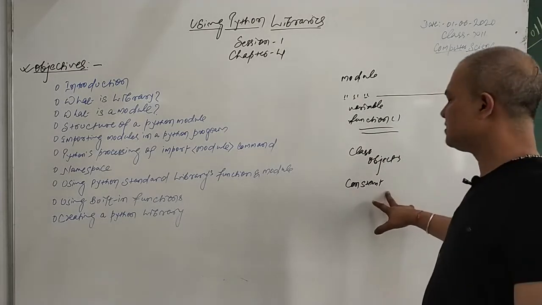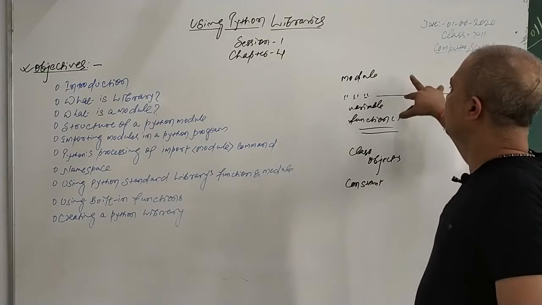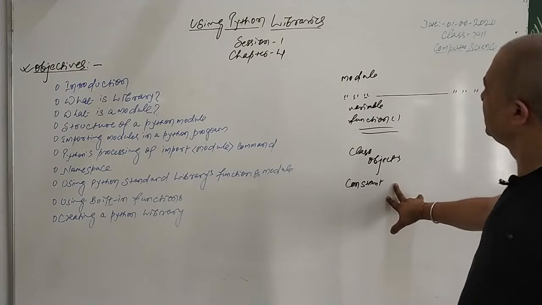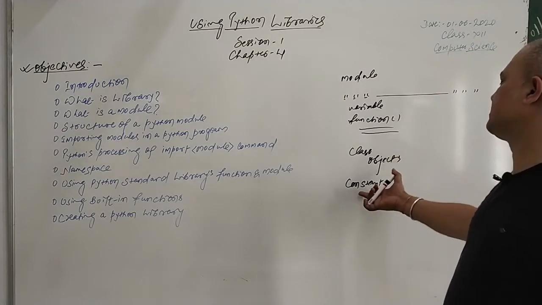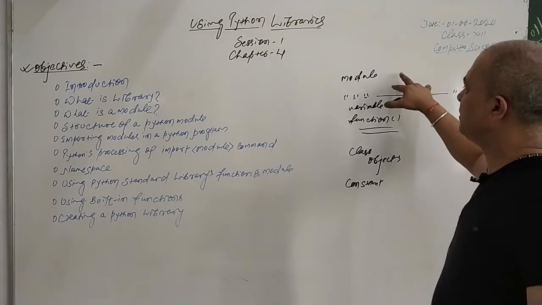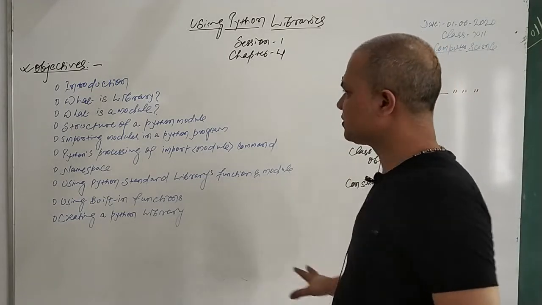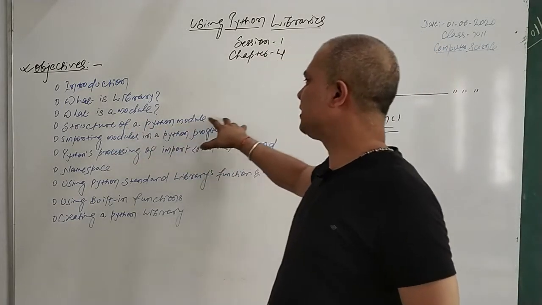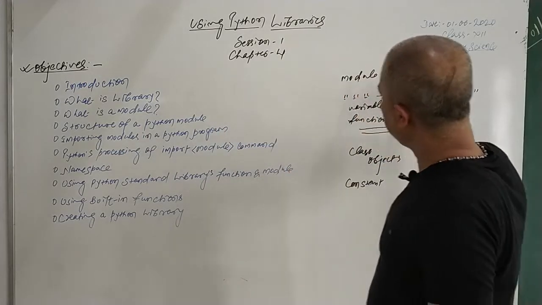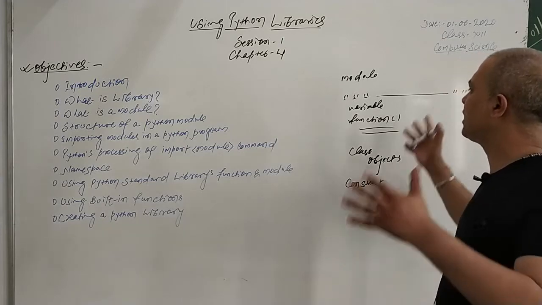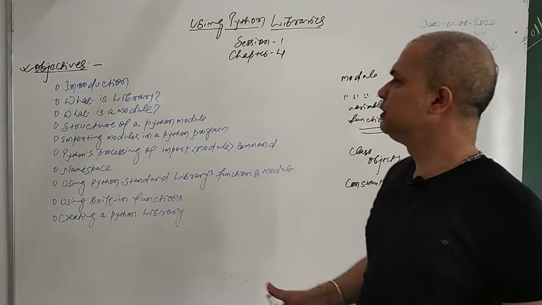Then some constant value that you want to fix for that module, so that if a user wants to refer to it, they can directly refer to the constant variable name to see what the value is. That is how module structures are. So this is the structure of a Python module. Comments you can write anywhere like in a normal Python program, so a module may have different comments to understand the different parts of the module.